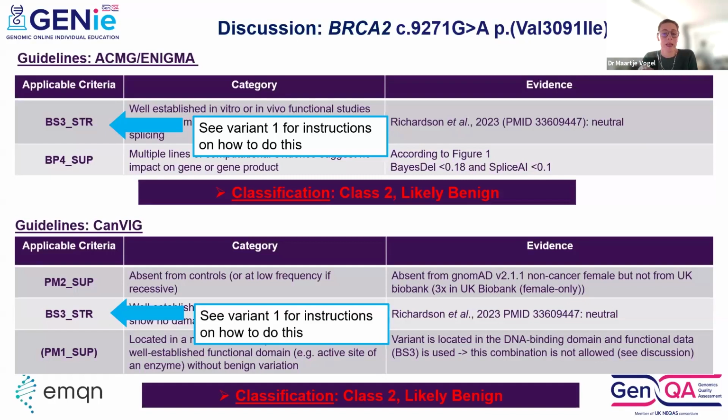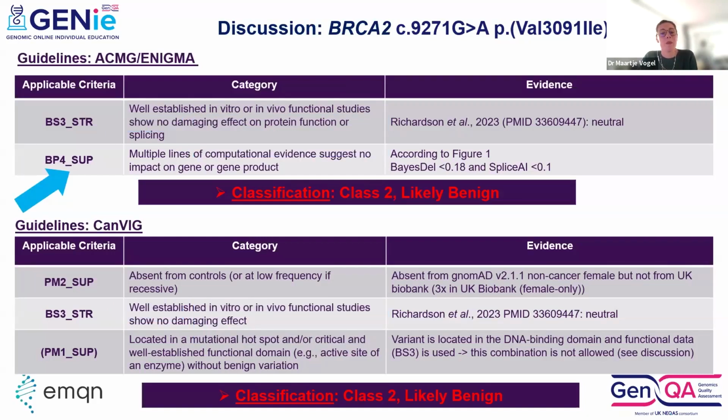So you can go through the Excel files, look up your variant, and there you get your answer on which code you can use and at which weight. And both the ENIGMA and the CAMFIC guideline tell you that you can use BS3 at level strong for this variant. So strong evidence pointing at benignity for this variant. Next slide, please.